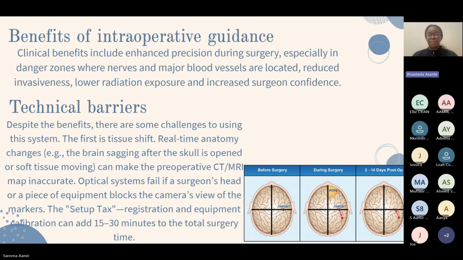Then we also have the setup tax, which is the registration and equipment calibration, and it can add 15 to 30 minutes to the total surgery time. That increases the exposure of the brain, which can harm patients, so it's not really ideal to add that much time to the surgery.